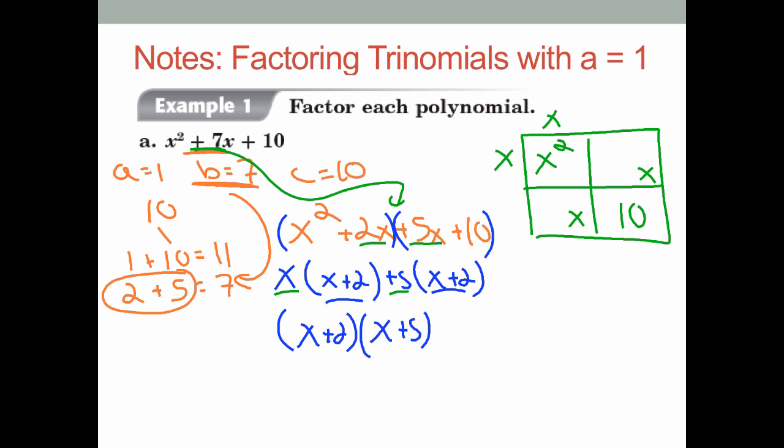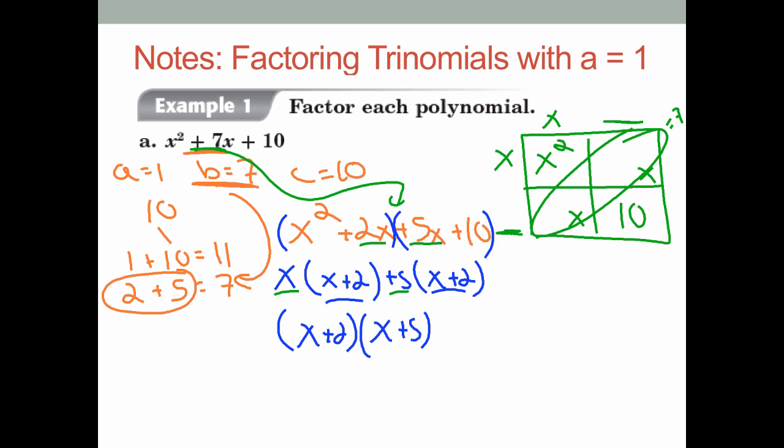And I know there's going to be x's in this term. So what I'm looking for are two numbers here that are going to multiply to 10, but then when I add them together, they're going to equal 7.